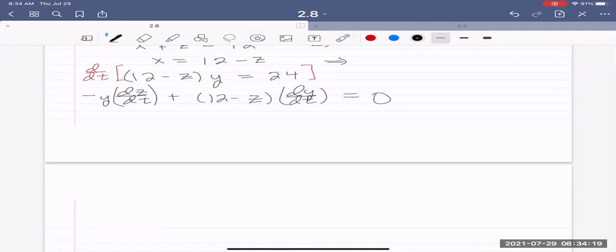So now let's look back at what we have. Well, we want to figure out, well, we know dz dt, so that's given. I know what y is.